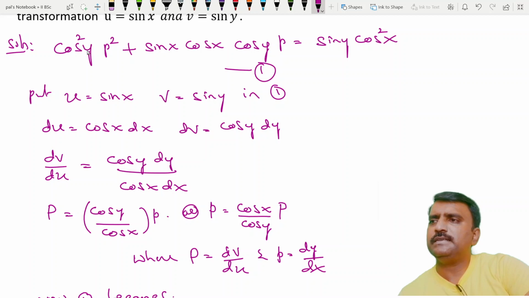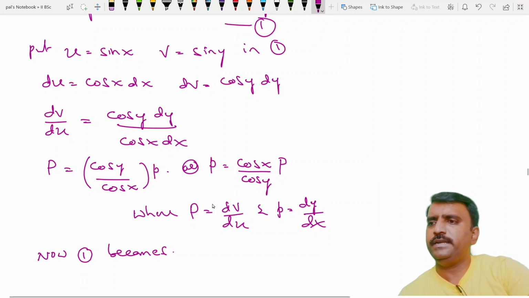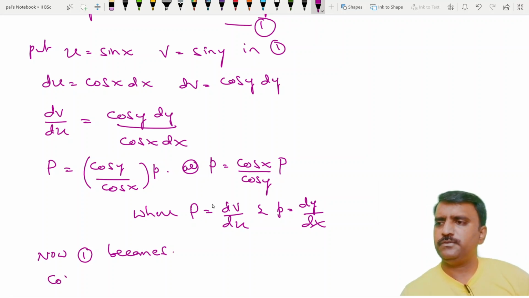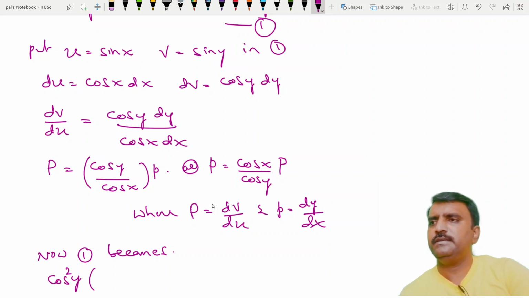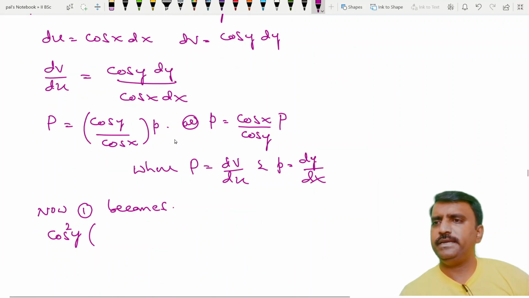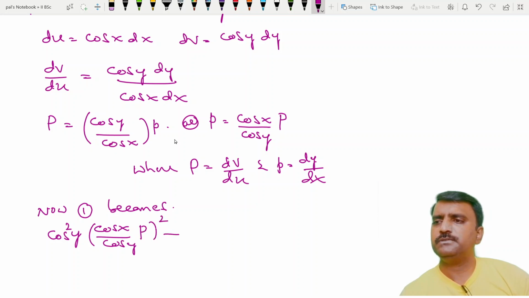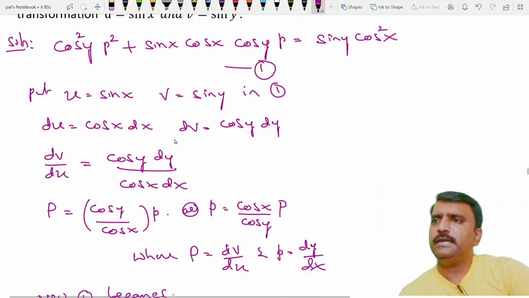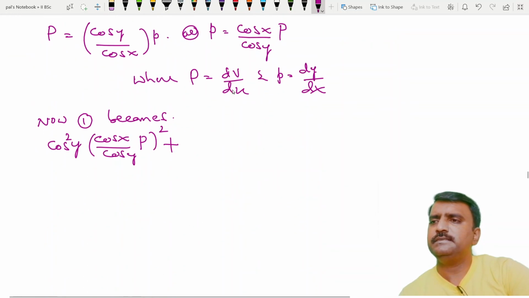Okay, so you write this cos square y as it is, and in place of small p you write cos x by cos y into capital P. So it is cos square y into p square, that is cos x by cos y into this capital P whole square, plus again here sin x cos y into p.